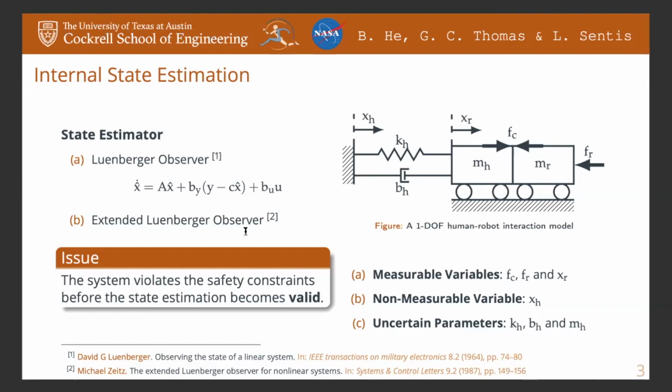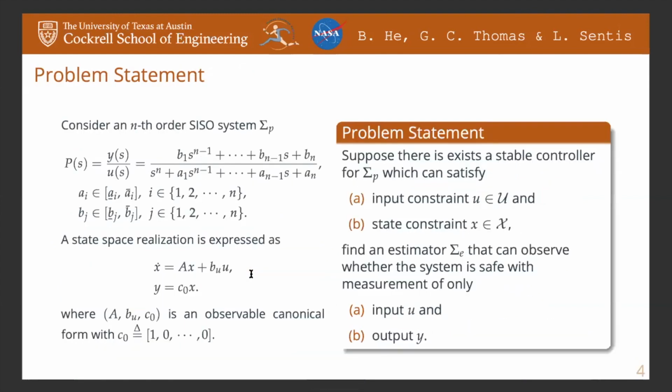However, the system can still go unstable and violate the safety constraint before the state estimation becomes valid. Therefore, in this research, we consider a transfer function of a system with bounded uncertain parameters.